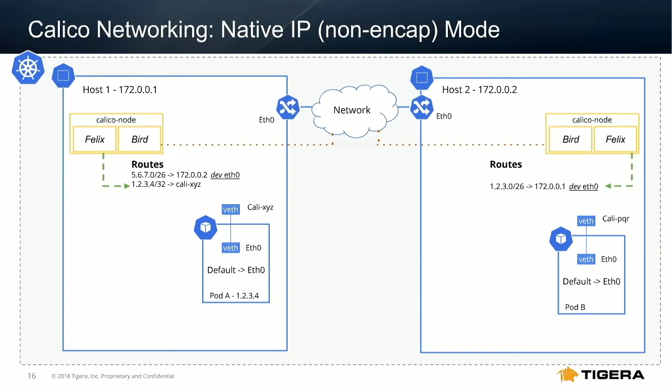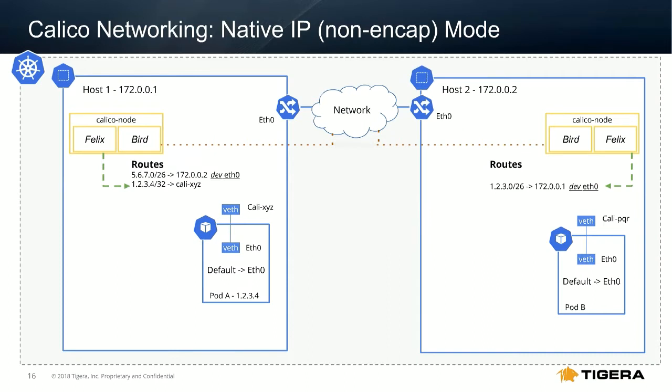In this case, if your worker nodes are all layer 2 adjacent in the same layer 2 segment, perhaps in a similar availability zone within your cloud environment, or in the same subnet within your on-premise environment, or if you're able to peer Calico with your infrastructure, for example, you can peer your Calico node agents with things like your top of rack and be able to share your pod IPs as first-class IPs within your infrastructure. In this case, we'll notice that the route actually points to dev eth0.